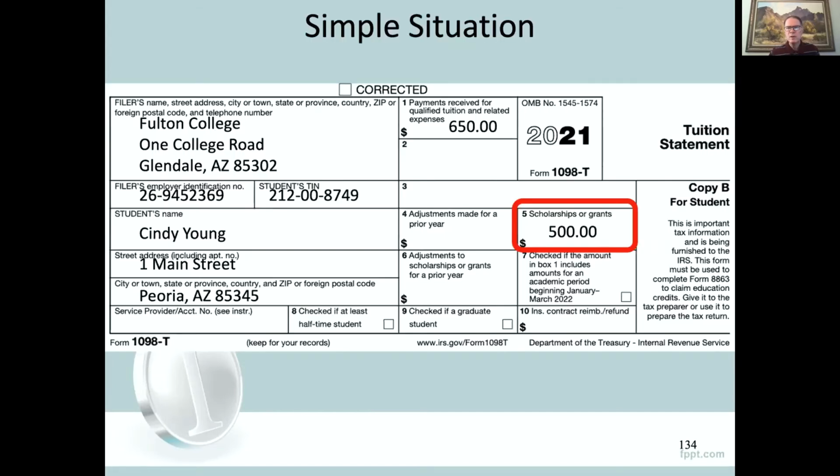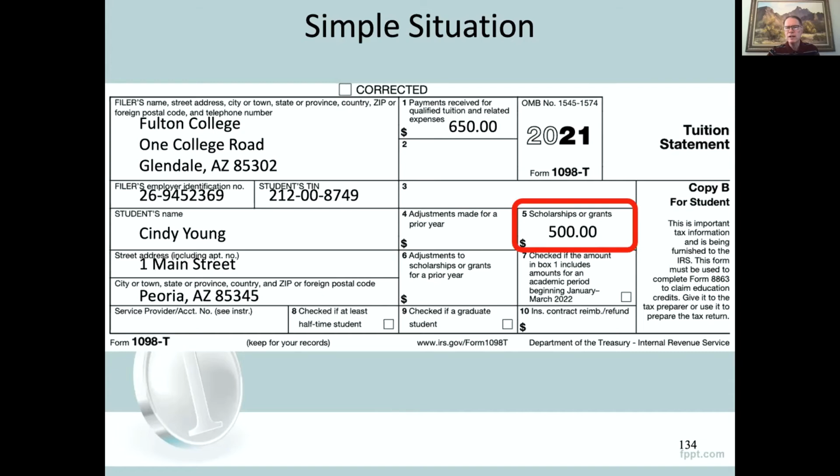The simple situation dealing with scholarships looks like this. They've got $650 in qualified expenses, and they've got a $500 scholarship. You cannot enter in TaxSlayer the payment of $650 in box 1 in the software. You have to do the calculation yourself.